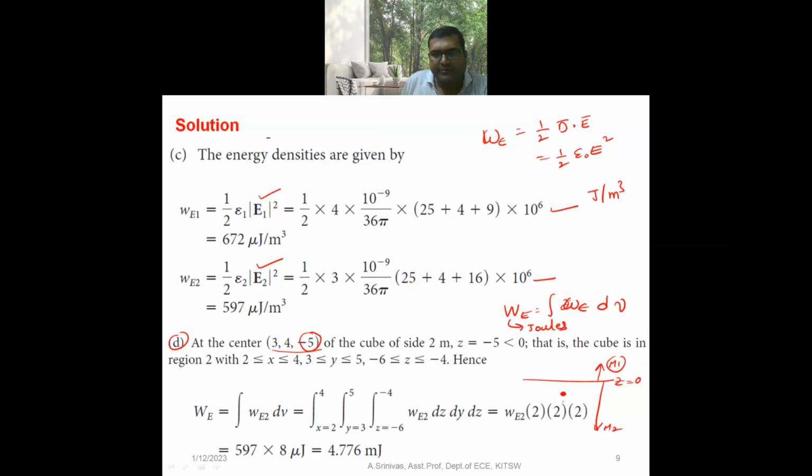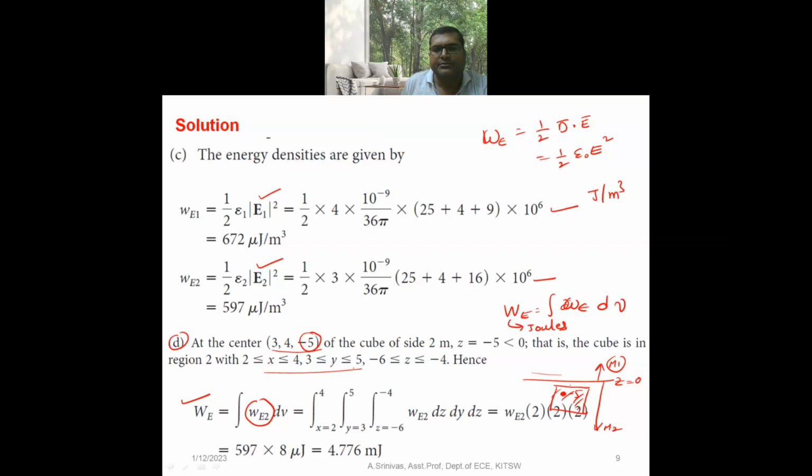Now, associated with minus 5, above 1 meter, below 1 meter, this region will fall, and this region belongs to medium 2, means you have to consider energy density in medium 2 to determine the energy at this point, which is covered by the volume given by the specification.